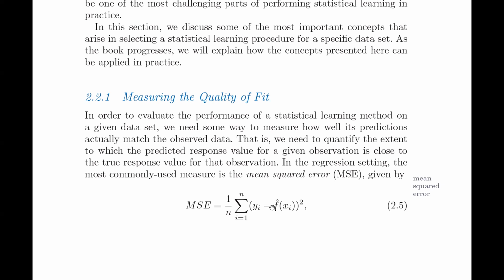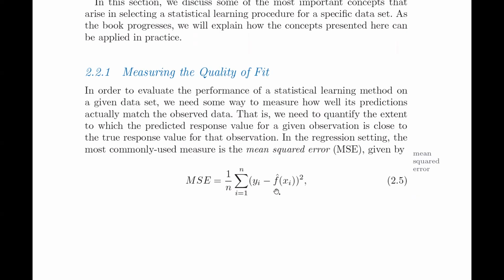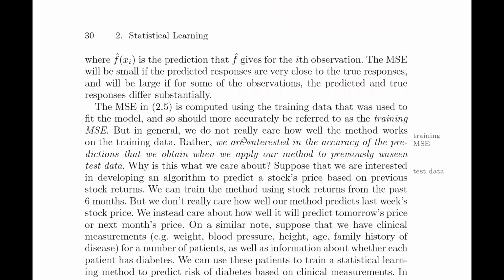Now, this is known as mean squared error. You are taking the differences between the actual observation and the predicted output. You're squaring and you're calculating the mean. So sigma, we're adding, and then we're dividing by the number of observations.